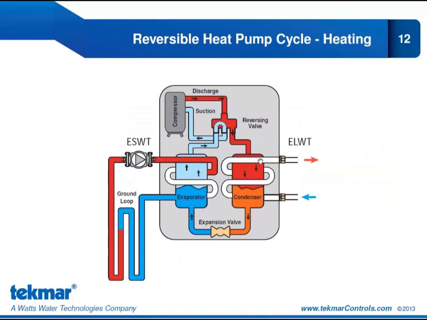So the temperature of the water that's coming out of this condenser coil and moving to the buffer tank or the distribution system, the temperature of that is called ELWT, entering load water temperature. Then the refrigerant passes through the expansion valve, where the volume is increased and the temperature decreases before it goes back to the evaporator and the cycle starts again.